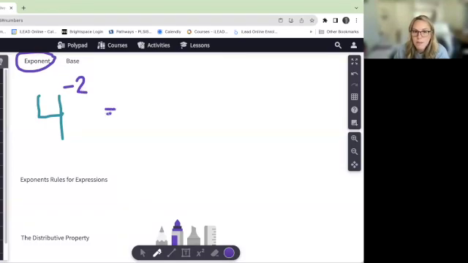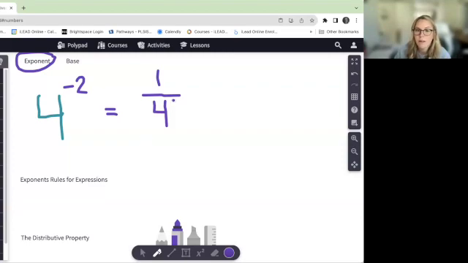What happens when your exponent is negative? Not much. For the most part, you're going to solve this the same way. So you'll have a 4 and it's repeated, but we have to do something before we repeat it. Anytime you have a negative in the exponent, it just creates a fraction. So if you have a 4, it's going to end up in the denominator, and you put a 1 in the numerator.